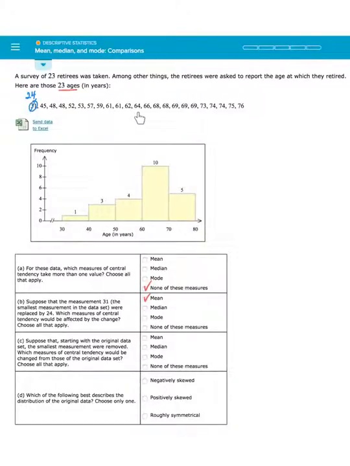So the number in the middle seems to be 64. Let's confirm. 1, 2, 3, 4, 5, 6, 7, 8, 9, 10, 11 on the other side. So 64 is my median. Median is 64 right here in the center.